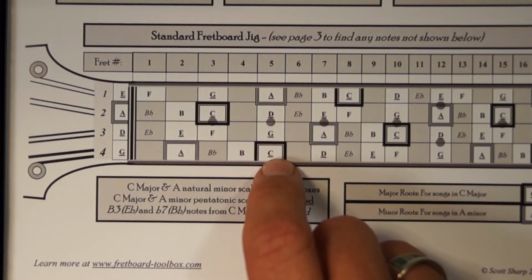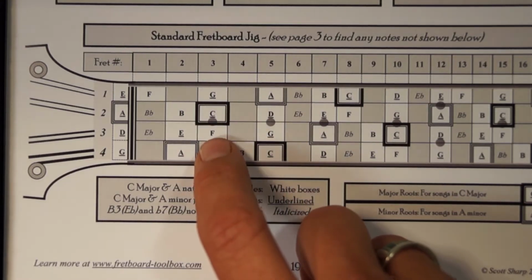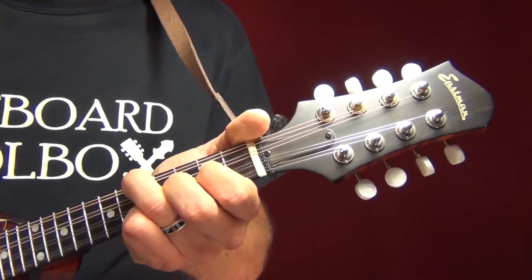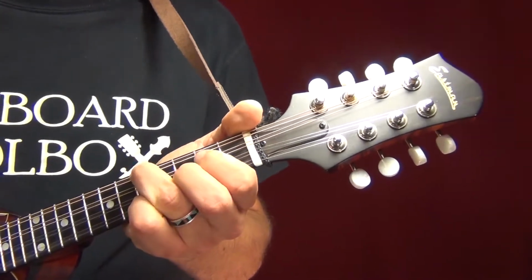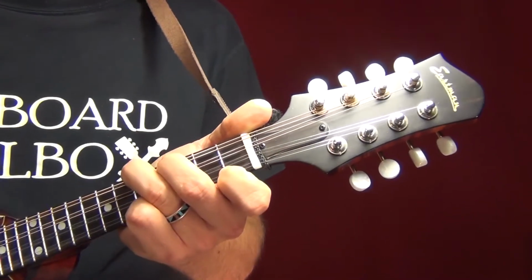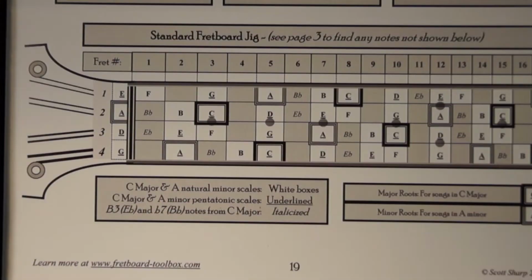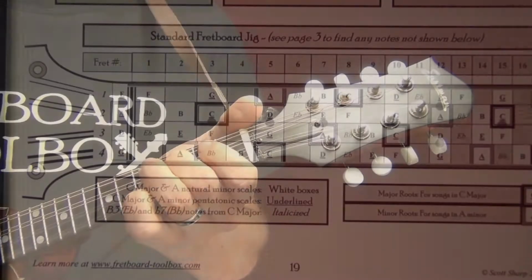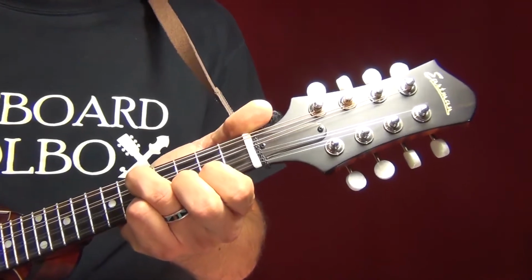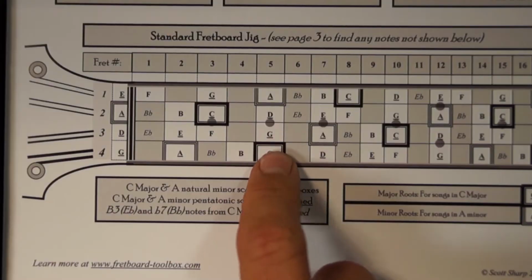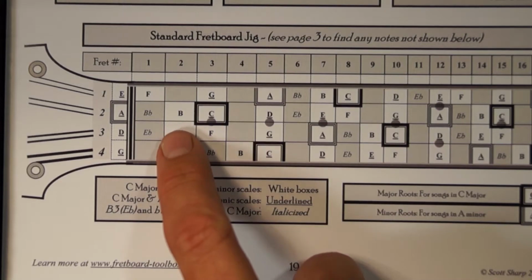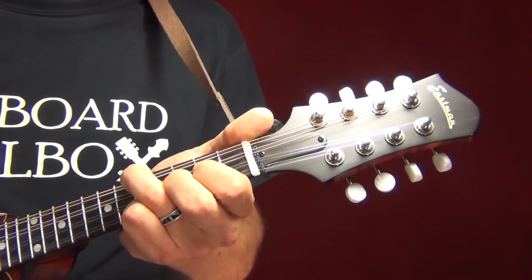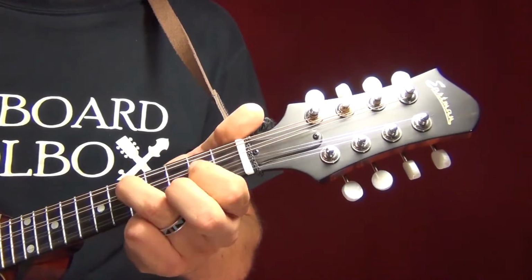And there's an F major chord where you play the 5th fret of the 4 string, F, A, and then F. So I'm going to play a C major here, and then I'm going to go D, E, F. And then to go to the G, I'm going to play F, E, G. And then to get back to the C, I'm going to go G, F, E, D, C. So that was F, E, G.